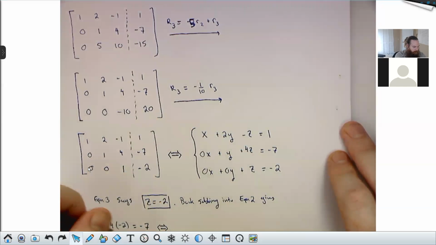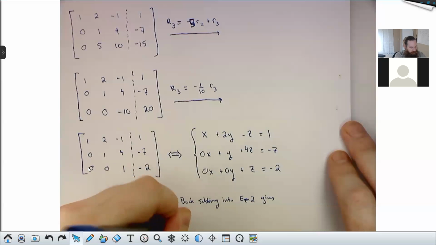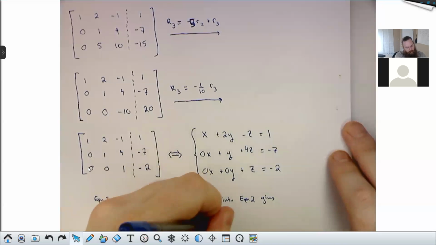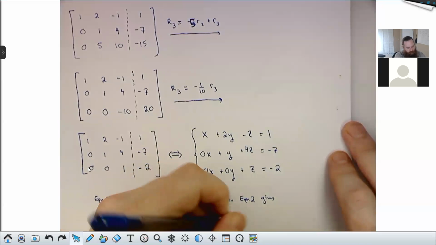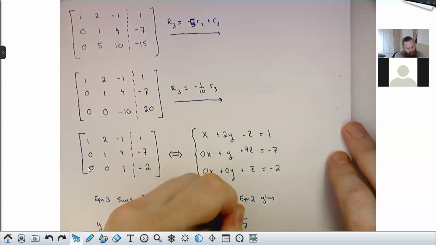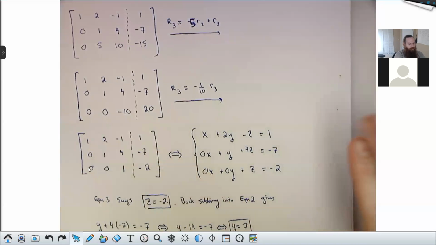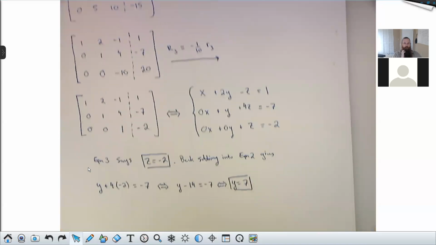That's y minus 14 equals -7. And then you add 14 to both sides and you get y equals -7 plus 14 is 7. There's the y part of your solution.